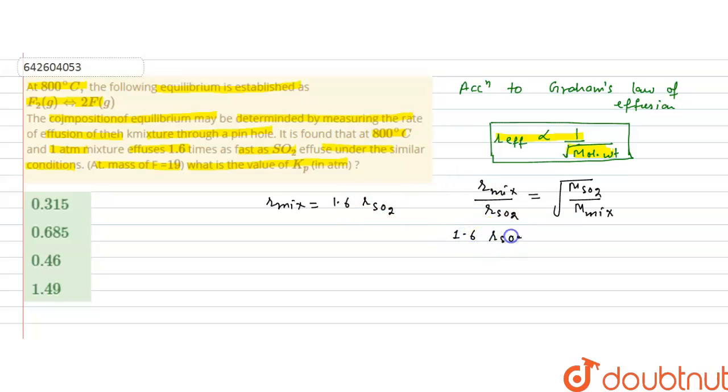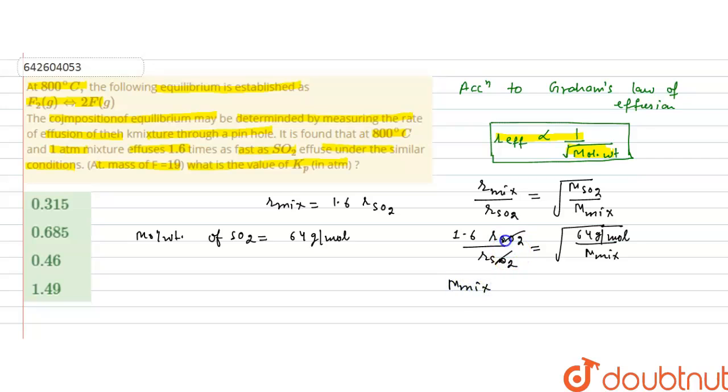The molecular weight of SO2 is 64 gram per mole, so it would be 64 gram per mole divided by the molecular mass of the mixture. So we can calculate the molecular mass of the mixture from here.